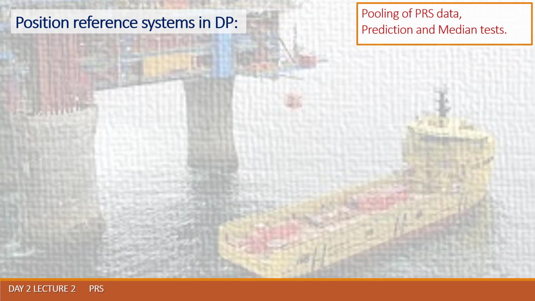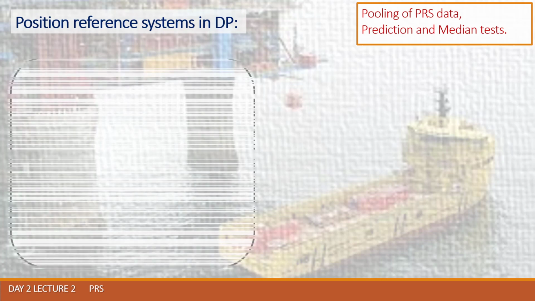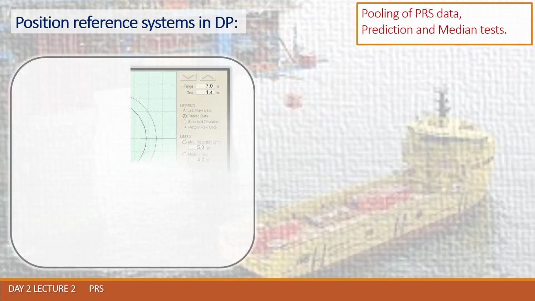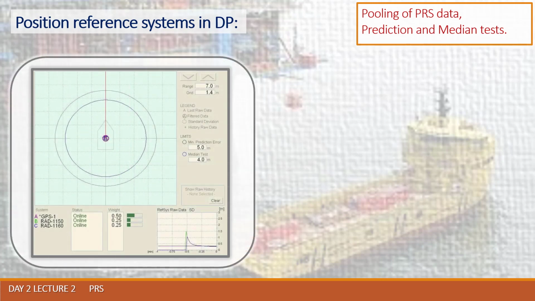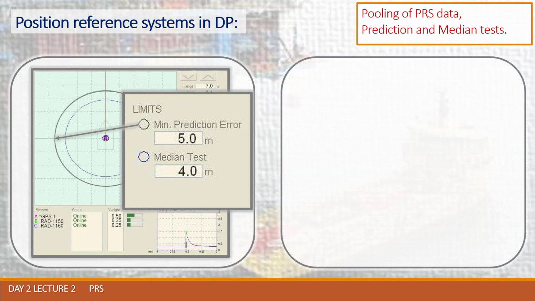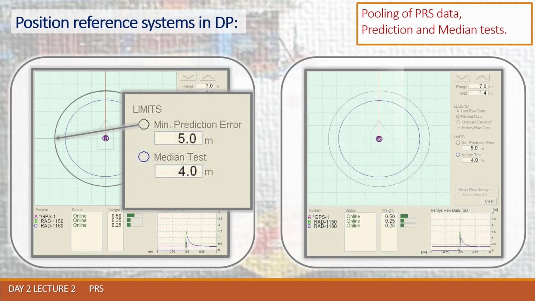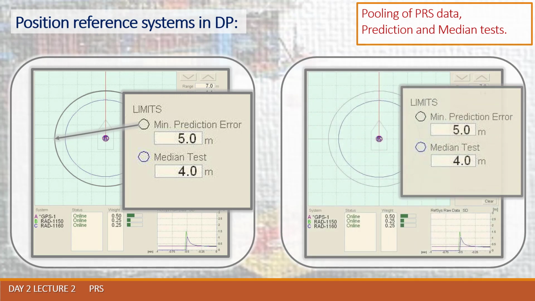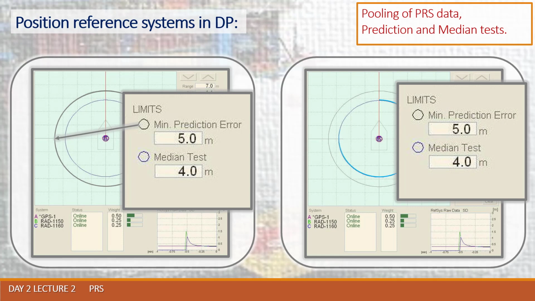In PRS K-Pos, in the position reference view on a graphical plotter, the limit for the prediction test is visible as a gray circle, and 80% of the prediction error value is presented with a blue circle marking the median test.